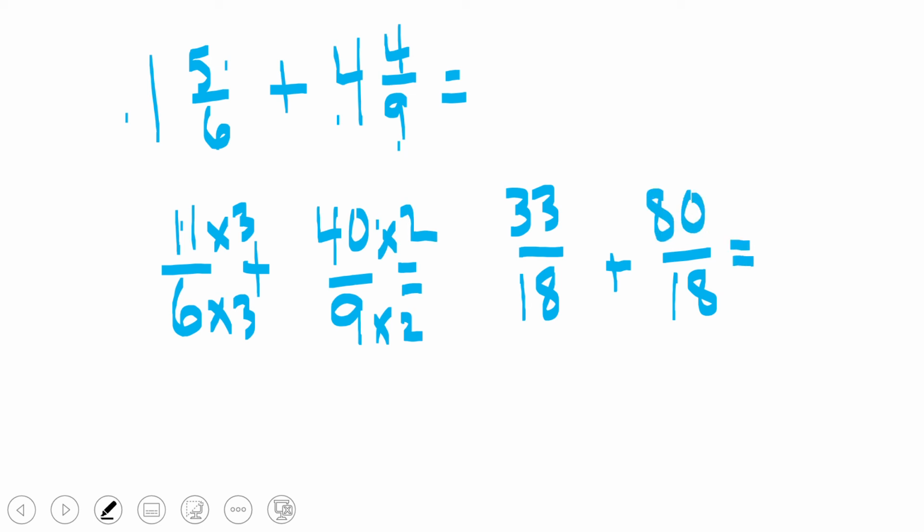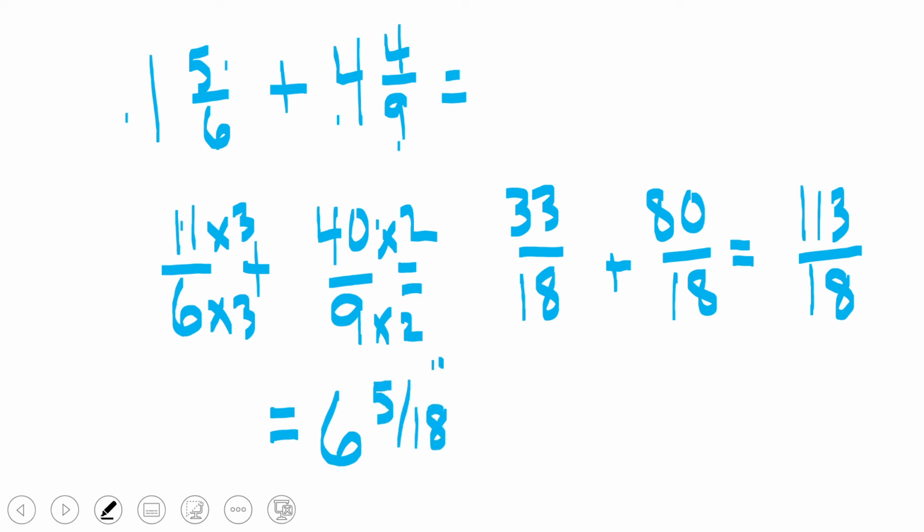That's going to equal 113/18. Okay, so 18 fits into 113 6 times, and it's going to use up 108 of the 113, so it leaves 5 of the 18 left over.